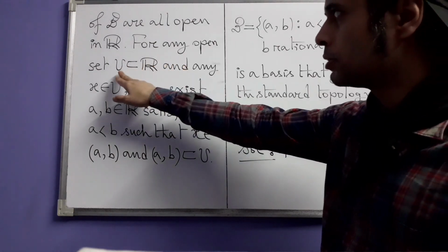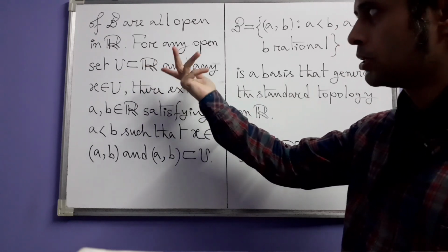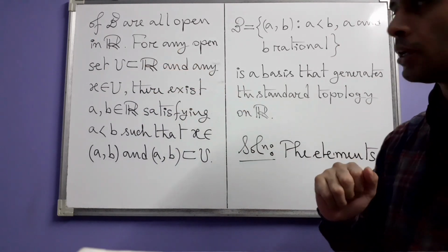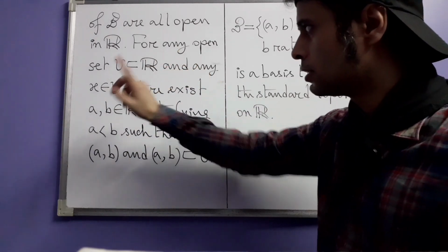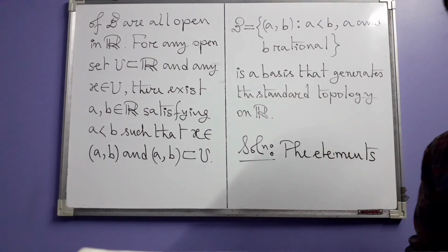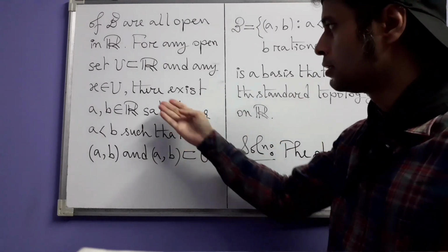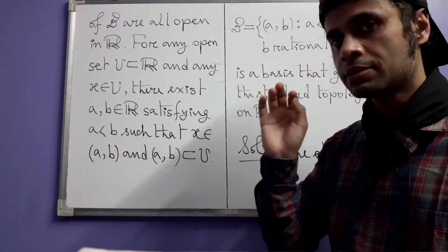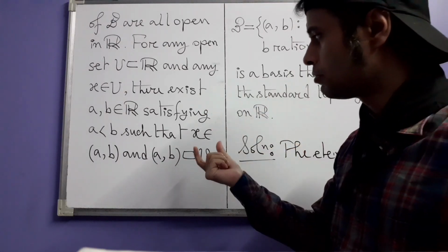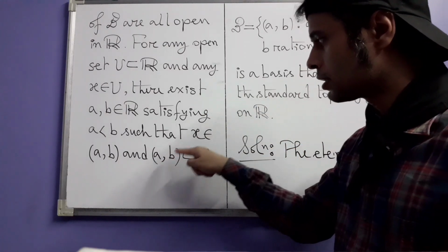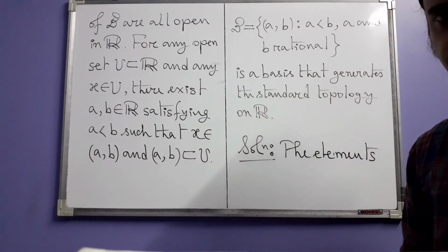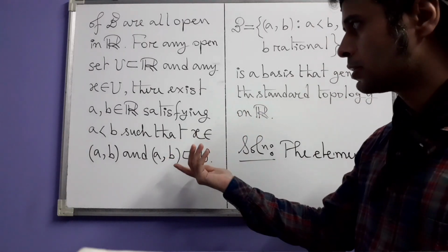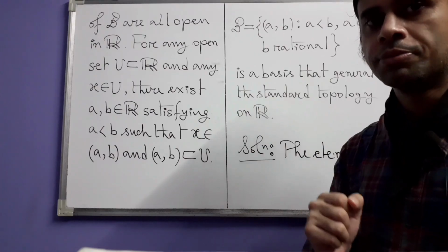We take any open set U in R, again open with respect to the standard topology on R, and any point x in U. Then by the definition of open sets, there exists a basis element in the standard topology that will contain that point and will itself be contained in the open set U. And the basis elements in the standard topology are ordinary open intervals.